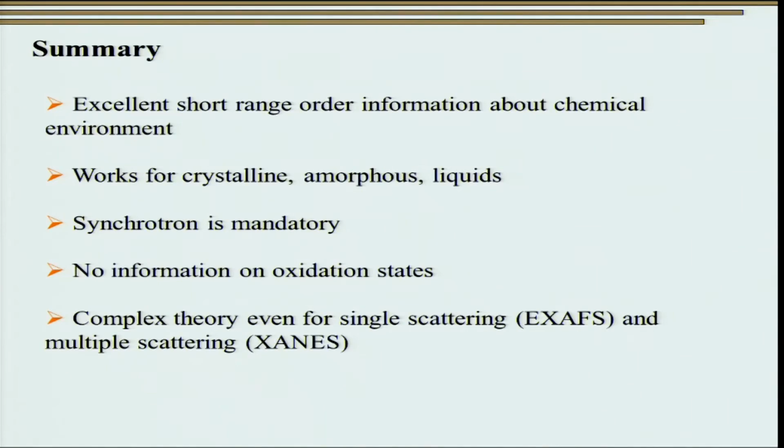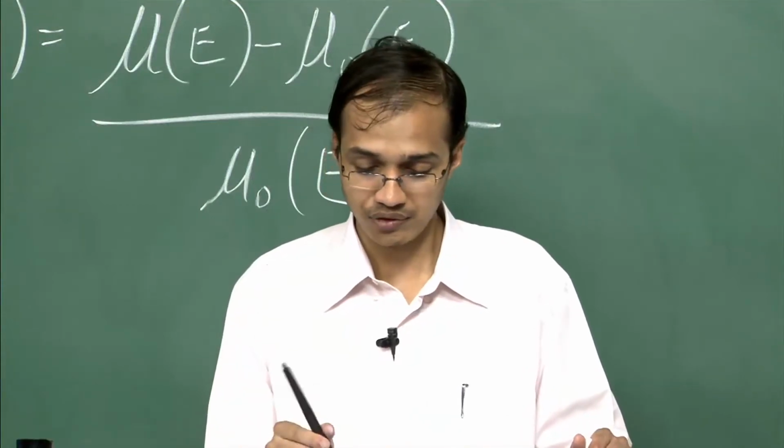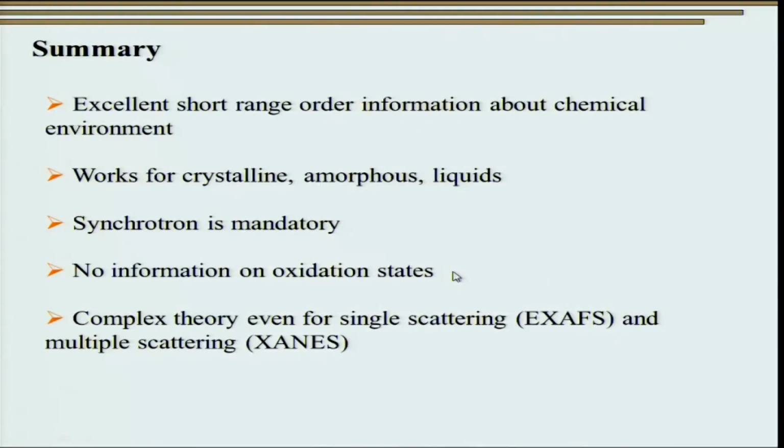Another important disadvantage is that, though we know the chemical composition or the chemical surrounding, we have absolutely no idea about the oxidation states, and the theory involved for understanding EXAFS as well as XANES is pretty complicated, and this complicates the use of this technique in getting some information with high fidelity. Thank you.